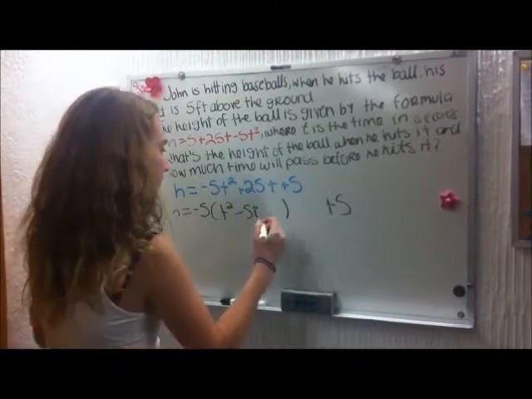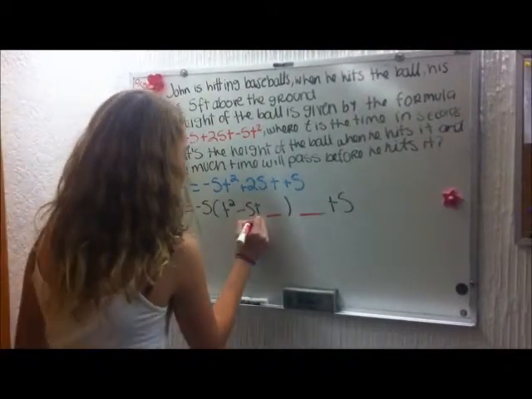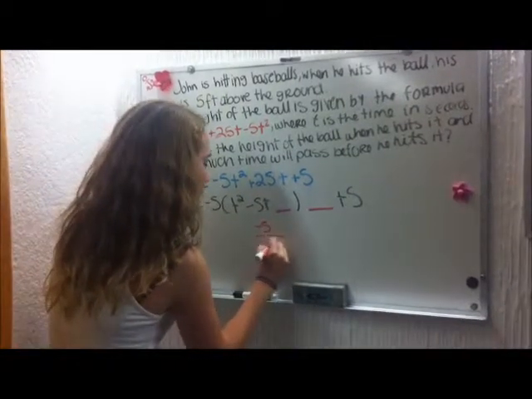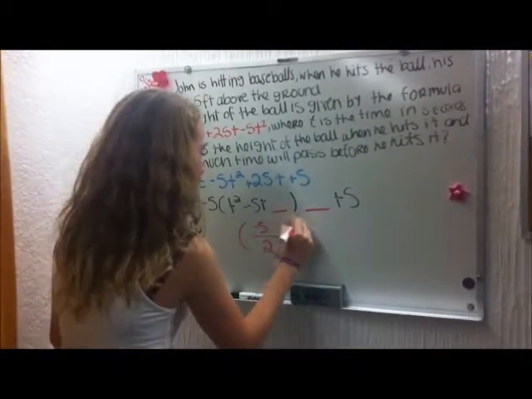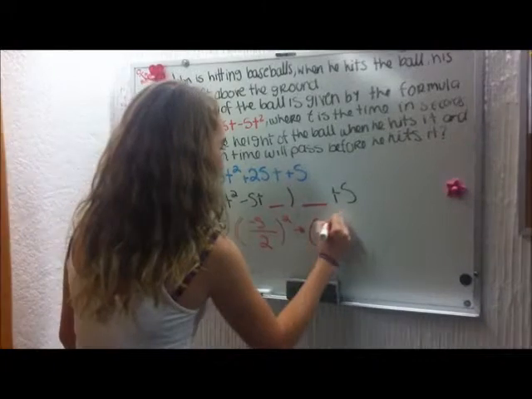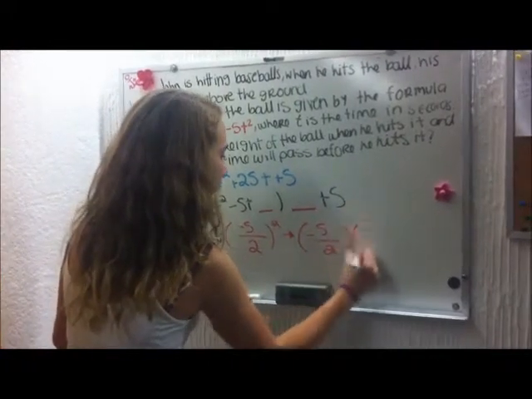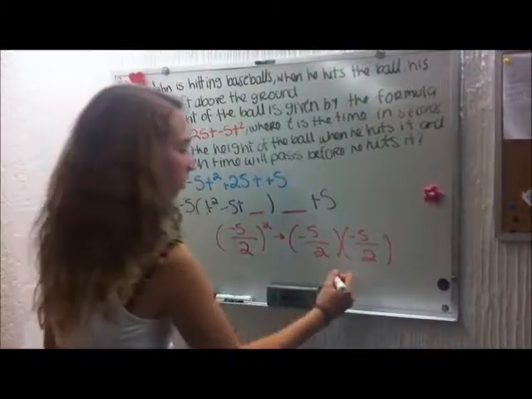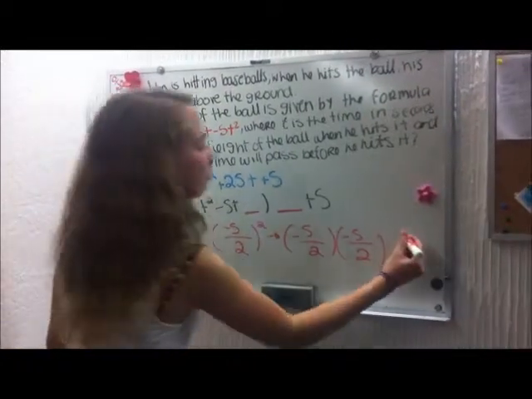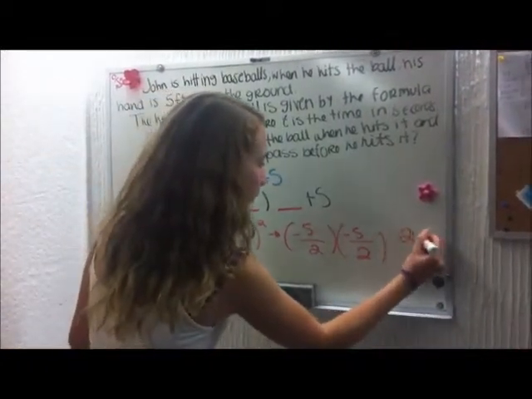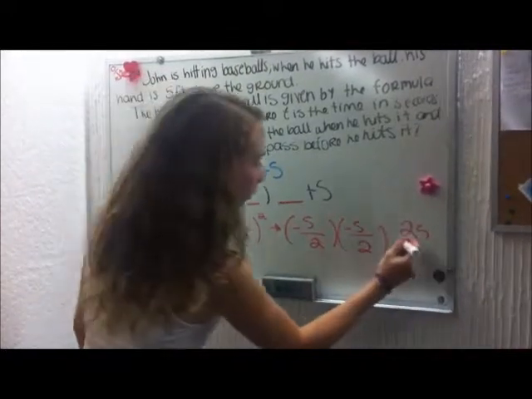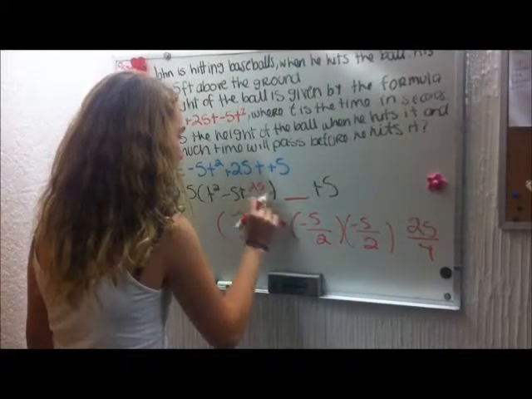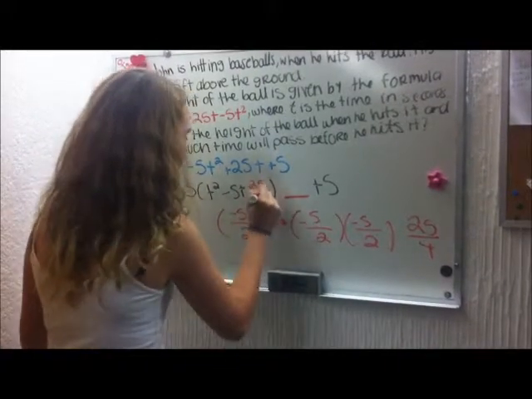I left these spaces because then we have to divide this term by 2, so we have over 2 squared, which means minus 5 halves times minus 5 halves. This is minus 5 times minus 5 is 25, and 2 times 2 is 4. So we have here 25 over 4.